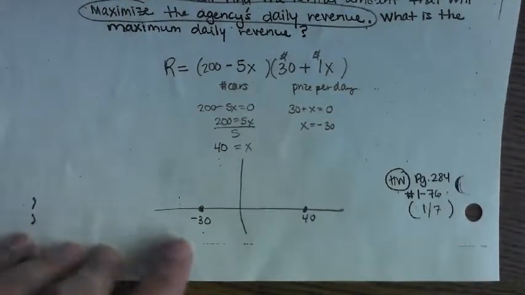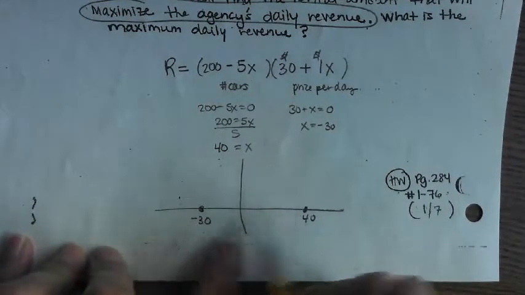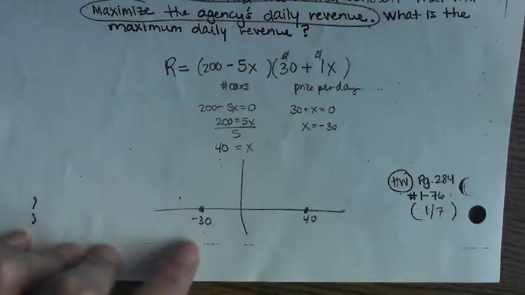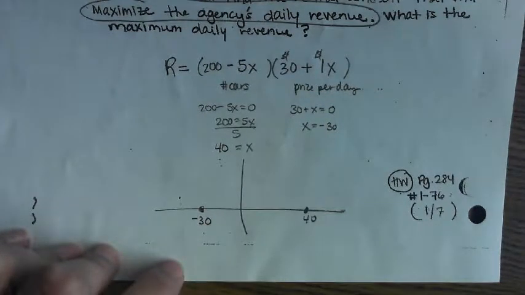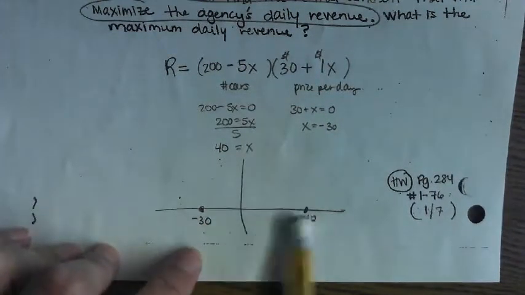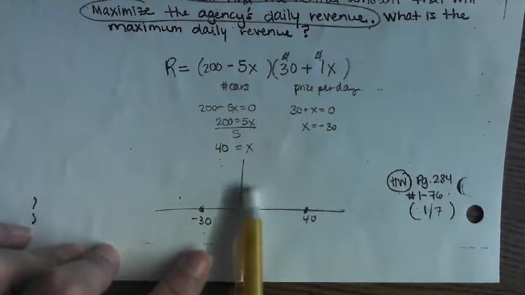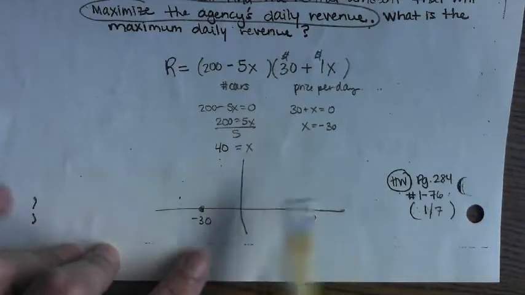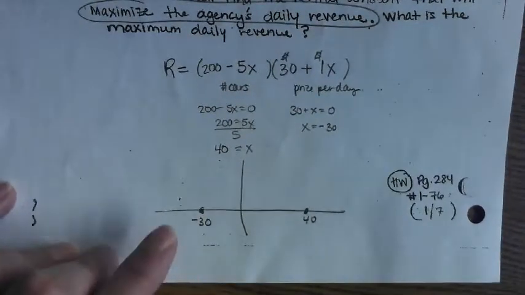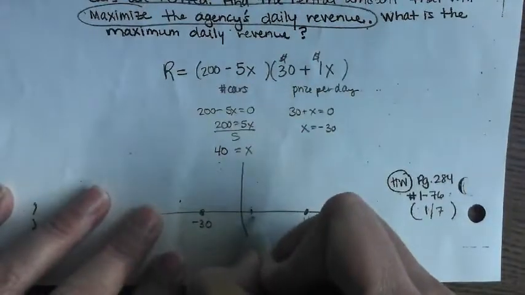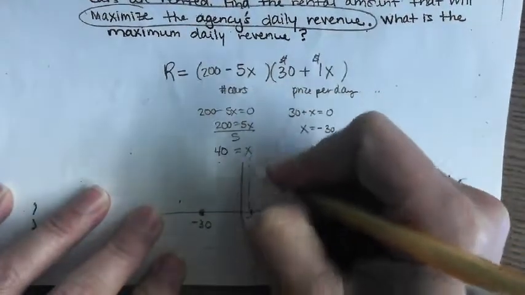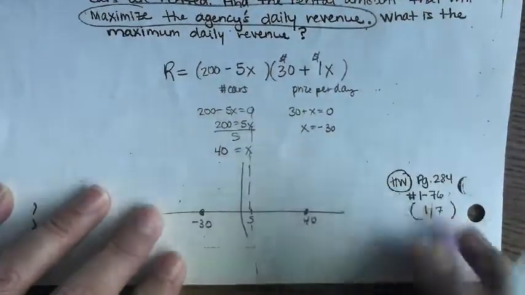So what is halfway in between, aka the average of 40 and negative 30? Add them up, you get 10, divide by 2, 5. So I now know that my vertex is at 5 something. So here's 5, that's my axis of symmetry, there's my little dotted line through that.